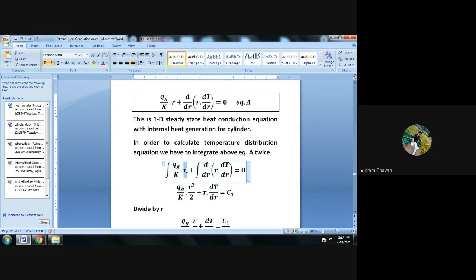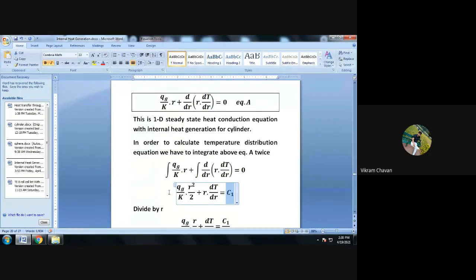Only r is the variable, so integration of r will become r square divided by 2 plus, now one integration and one differentiation will be cancelled, and the bracket term will remain over here. So plus r multiplied by dT divided by dr is equal to one integration constant, that is nothing but c1.